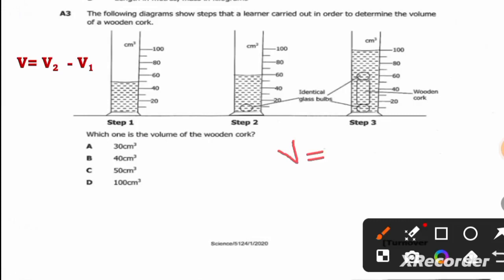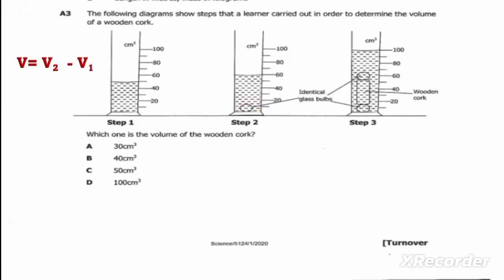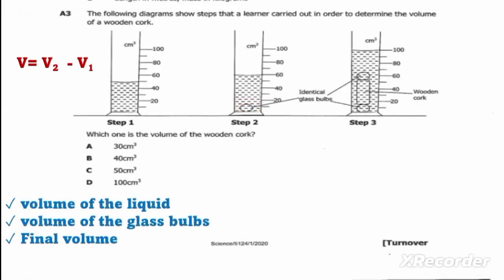Because after immersing the bulb, the volume of the liquid has risen from 50 to 60 cubic centimeters. So we just say 60 minus 50. The volume of the glass bulb is equal to 10 cubic centimeters.